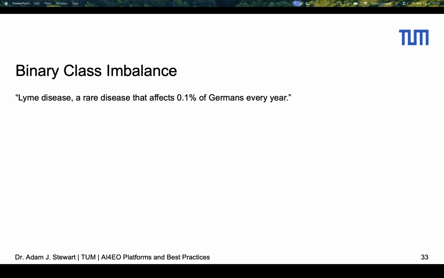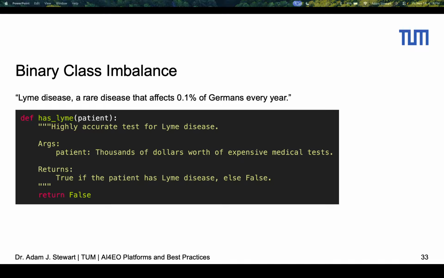And here's why. If we go back to that thing I posed in the beginning, Lyme disease, a rare disease that affects 0.1% of people in Germany. Let's say I want to develop a state-of-the-art AI model for detecting Lyme disease. Here it is. I have a function hasLyme.